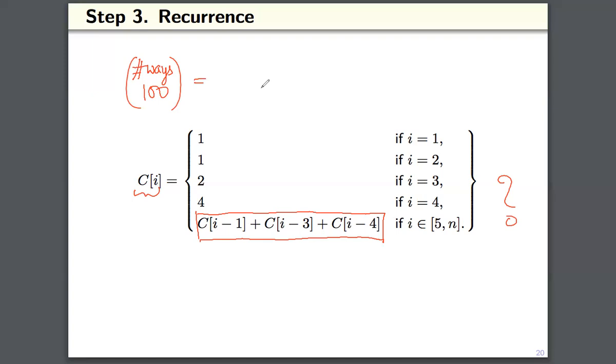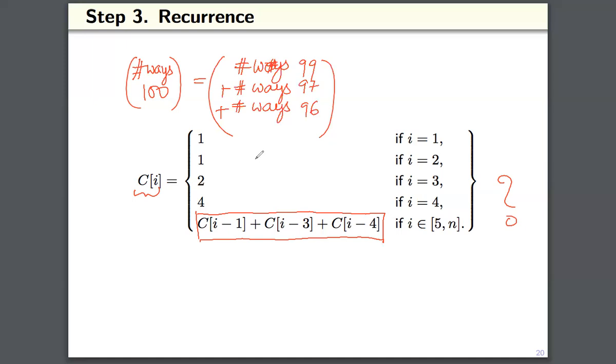So I will do something like this: number of ways to express 99, number of ways to express 100 minus 3, 97, number of ways to express 96.